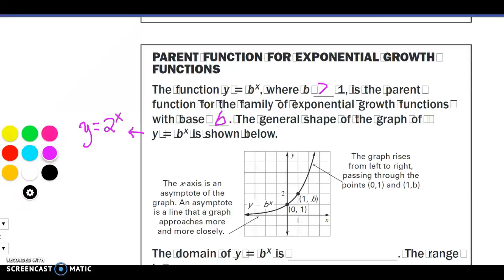A base of a fractional number isn't actually exponential growth, so therefore we use 2. And if you look at this graph that's shown here on the page, that is actually the graph of y equals 2 to the x power.